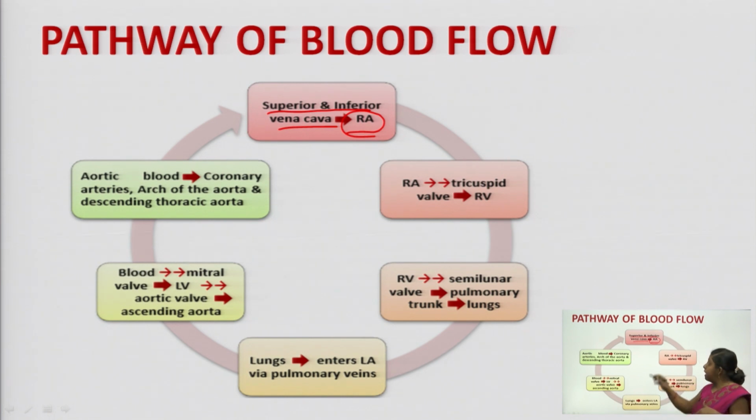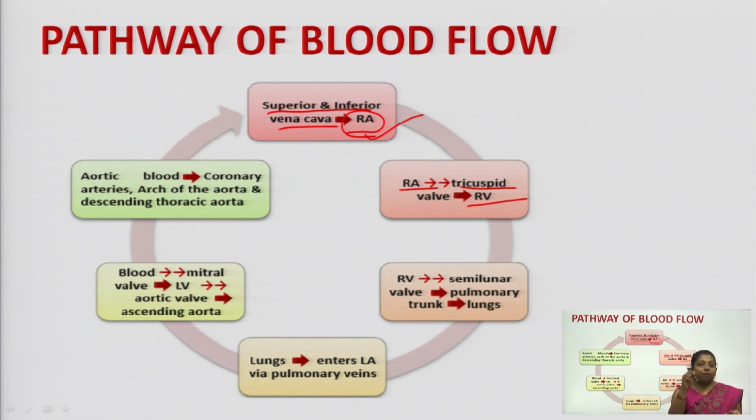Once your blood reaches the right atrium, it further crosses the valve. The valve here is tricuspid valve or right atrioventricular valve. So, from right atrium it is entering via tricuspid valve into right ventricle. From right atrium it drops down into the right ventricle.